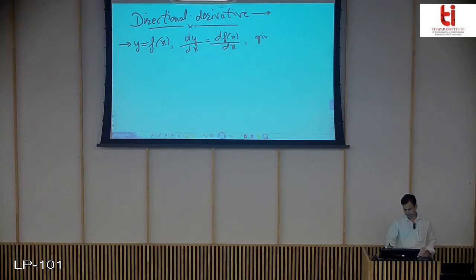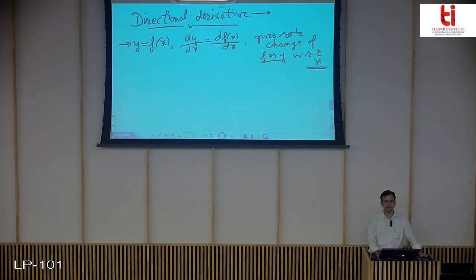It gives the rate change of f or y with respect to x. So this is your first order ordinary derivative, where y is a function of x only or f is a function of x only.